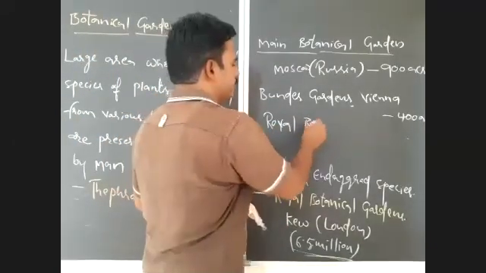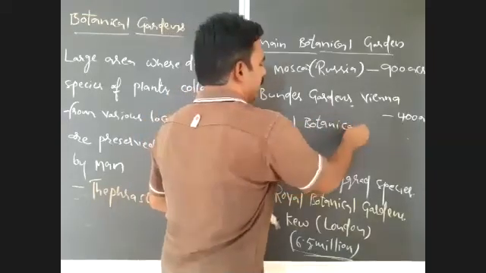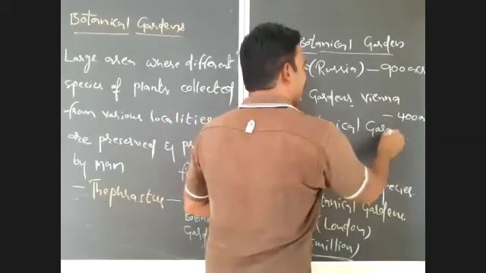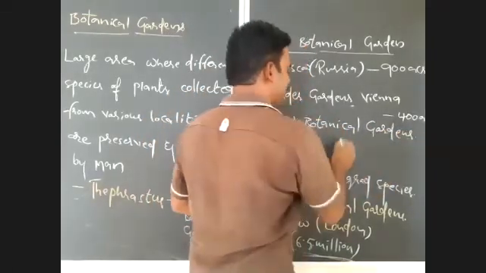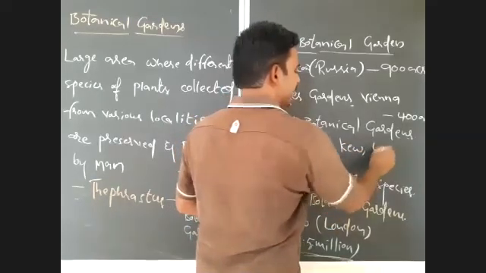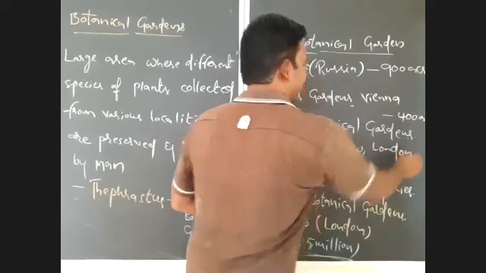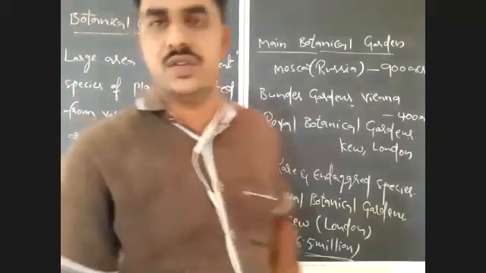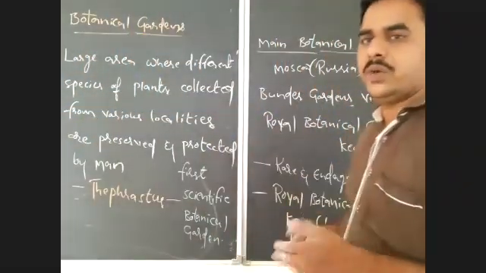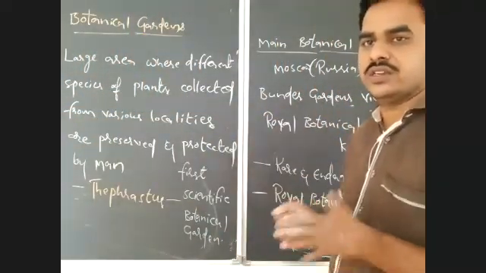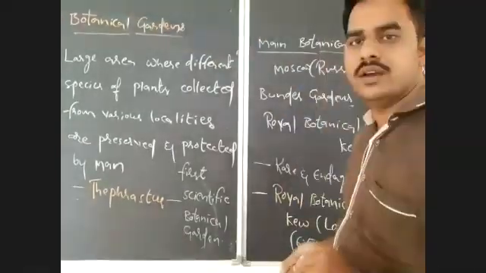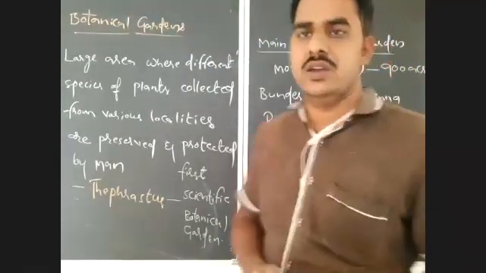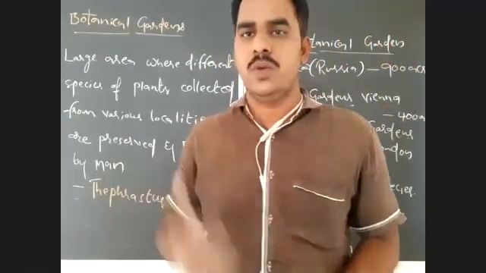Already I told you about this, and we have some more to discuss in botanical gardens. What are the important botanical gardens in India that we have to discuss? But the time is already up, right? So in the next class, we will continue the topic of botanical gardens.